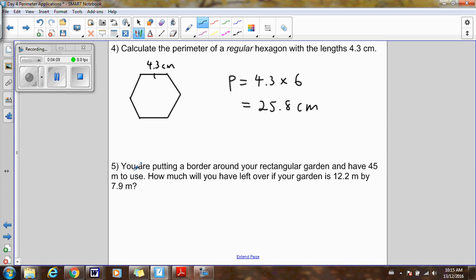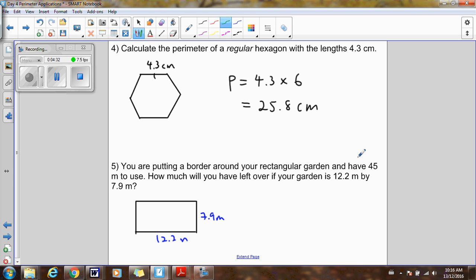So a couple more questions to go. It says you are putting a border around your rectangular garden, have 45 meters to use. So let's draw a rectangular garden here. And they also tell us the dimensions of this garden is 12.2 meters by 7.9 meters. Okay, those are the length and width.